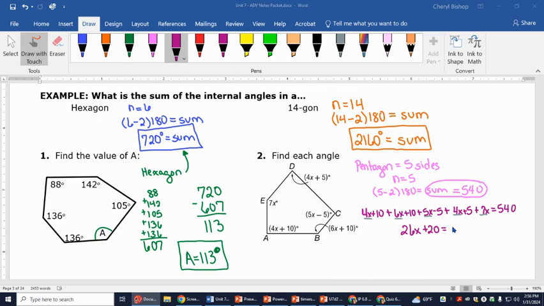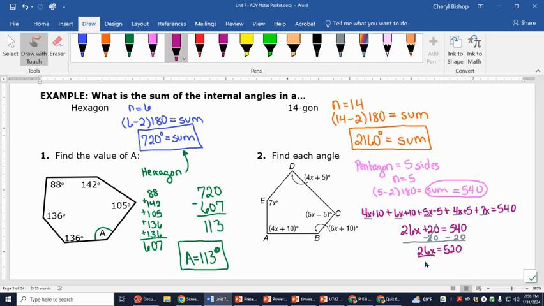Okay, we're good, and that equals 540. So then I'm going to use the subtraction property of equality. 26x equals 540 minus 20, which is 520.